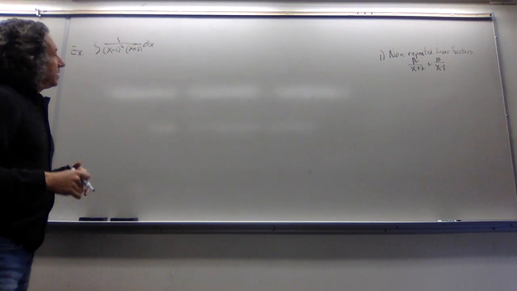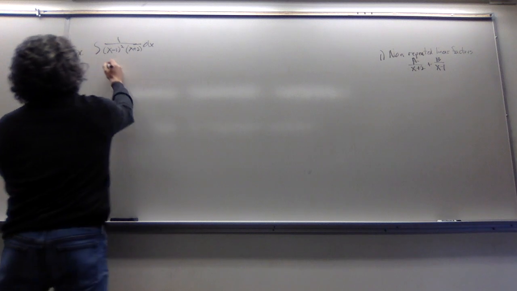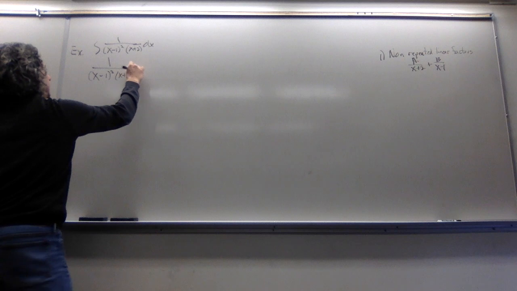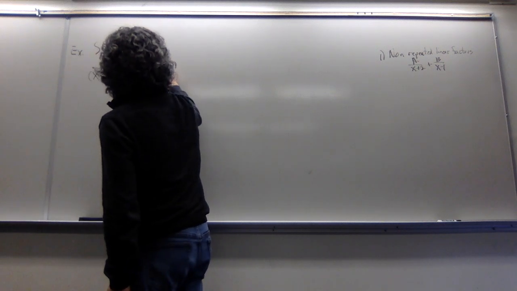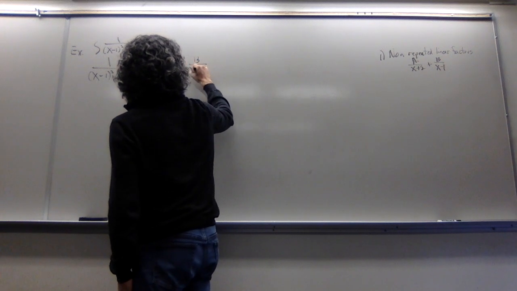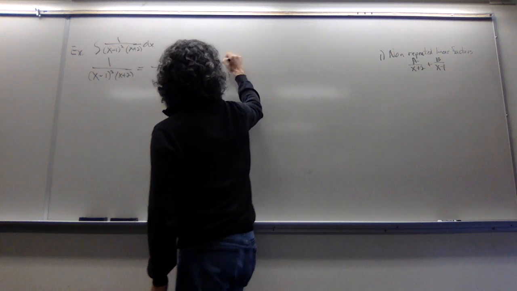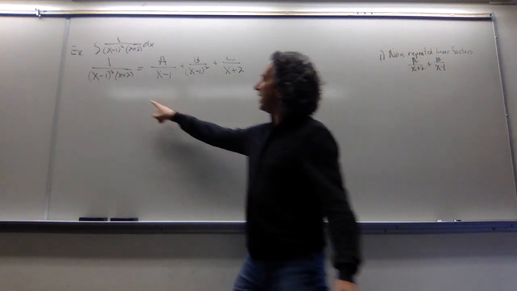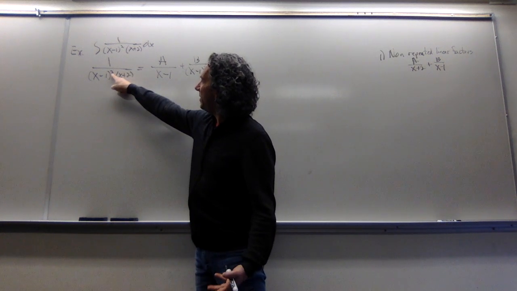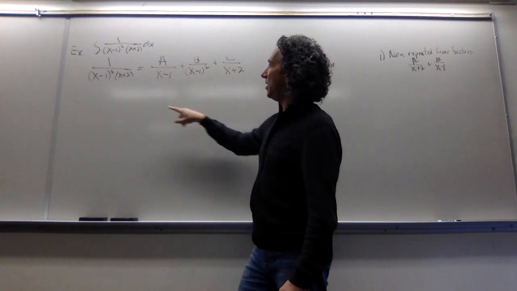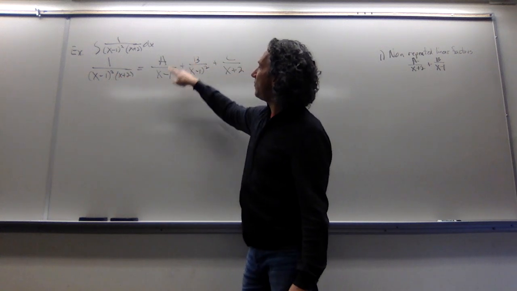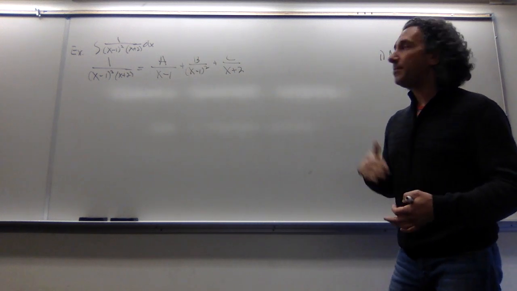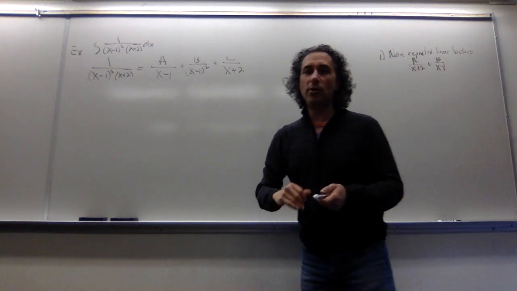By that theorem, once again, it turns out that we can find constants a, b, and c which make these equal to each other. So what am I doing? For each repeated term here, I'm adding another factor. If this were a cube, I'd have to have a over x minus 1 plus b over x minus 1 squared plus c over x minus 1 cubed plus d over x plus 2. But here I only go up to the second power.